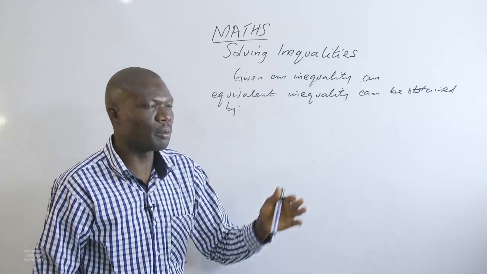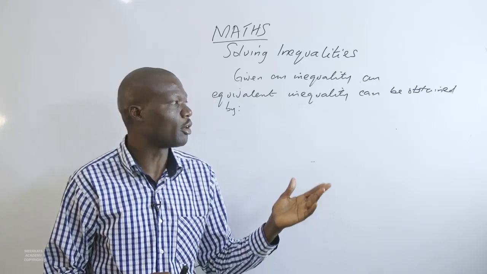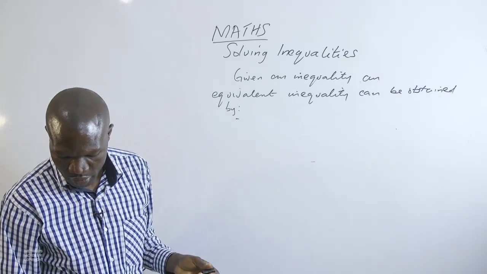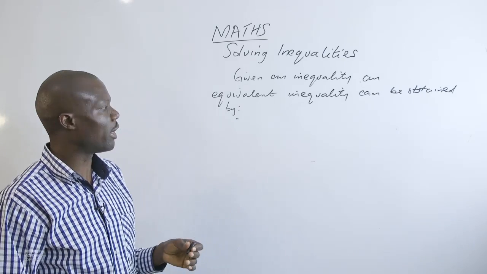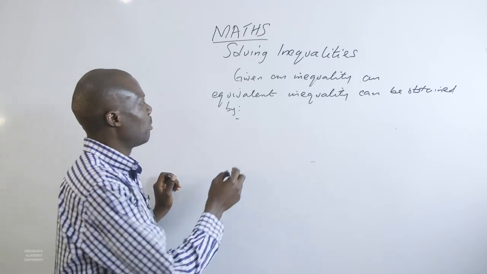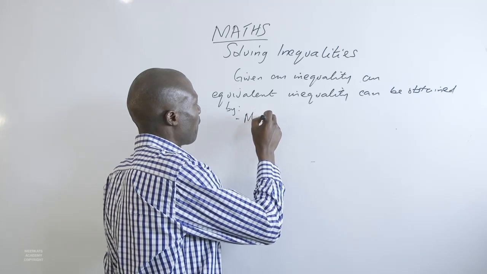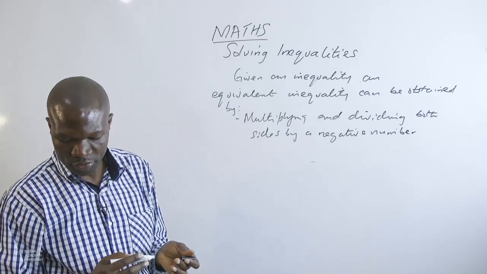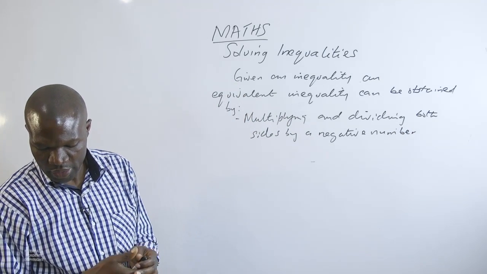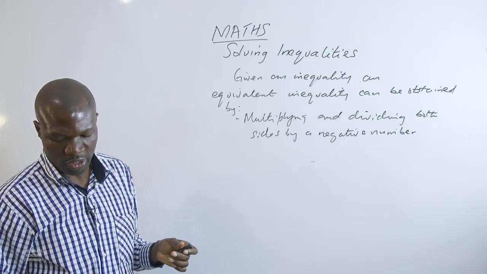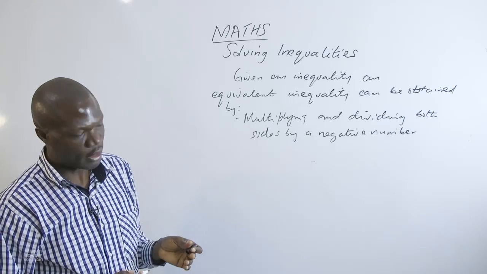So we can still obtain an equivalent inequality by multiplying or dividing both sides by a negative number. And in this case, we shall be required to reverse the inequality symbol.